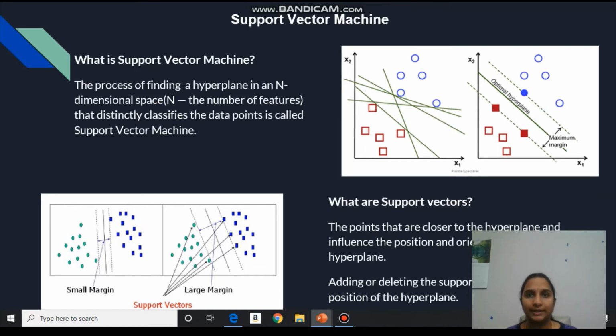Support vectors are data points that are closer to the hyperplane, which influence the position and orientation of the hyperplane. Using these support vectors, we maximize the margin of the classifier. Deleting the support vectors will change the position of the hyperplane. These are the points that help us build our SVM better.